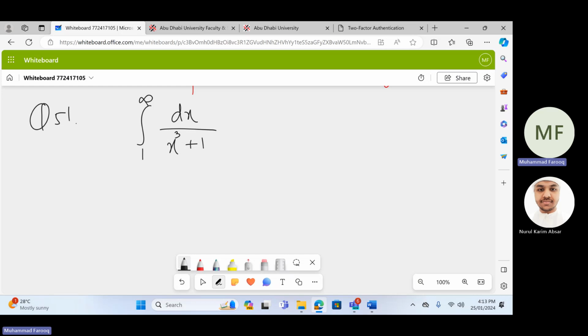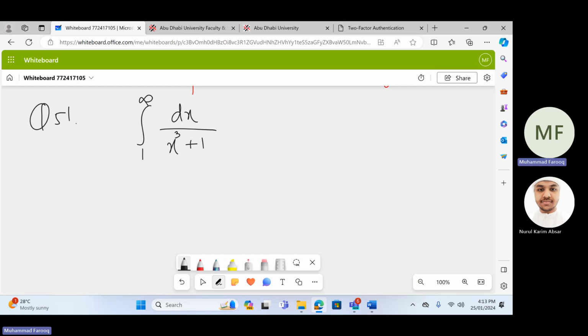So if the question is by using direct comparison test, determine: by the way, is it improper? Yes, because the upper limit is infinity, of course it is improper. So we ask the question: by using direct comparison test, determine whether this improper integral converges or diverges.